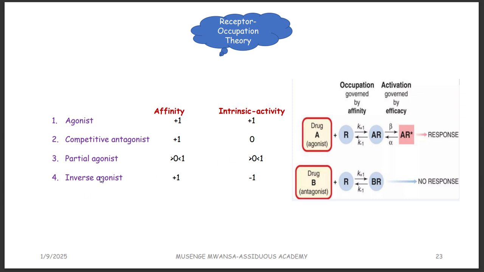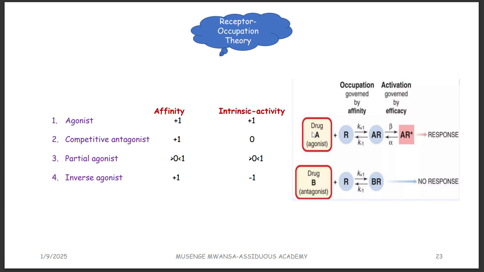An inverse agonist will strongly bind to the receptor, so the affinity is +1. But it does the opposite function to what the actual drug was supposed to do. So the intrinsic activity is -1. So this is like a sine graph. You have got the top of the graph, you have got the bottom of the graph. So the bottom of the sine graph is going to be the inverse agonist when it comes to the intrinsic activity.